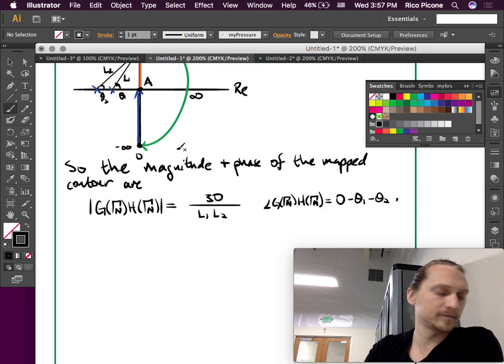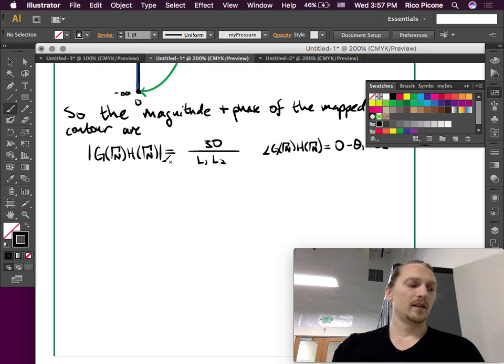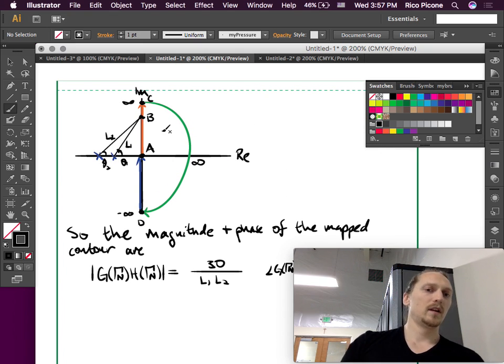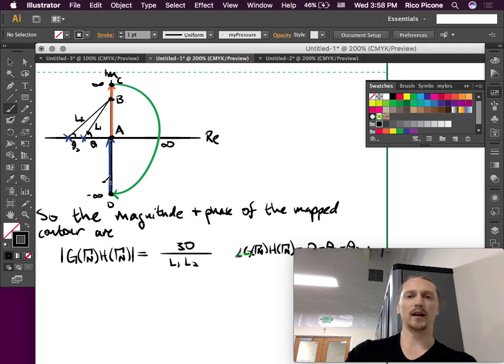So let's begin at A and go up to C on the positive j omega axis. If we start at A, what are these two angles? 0 and 0, right? So I'm actually going to start drawing our map over here next to it.